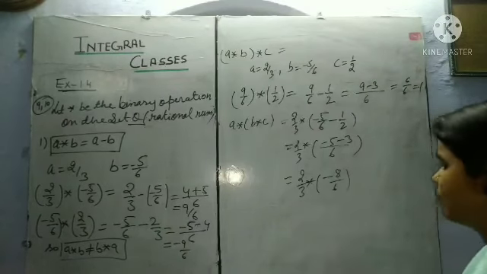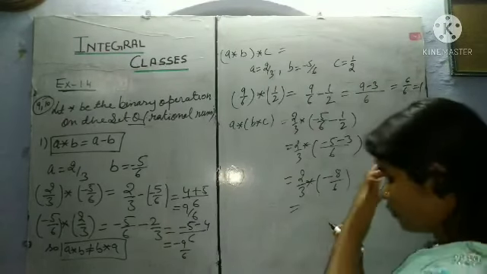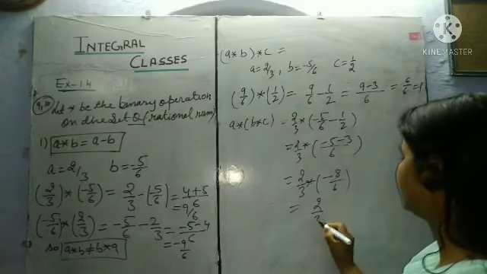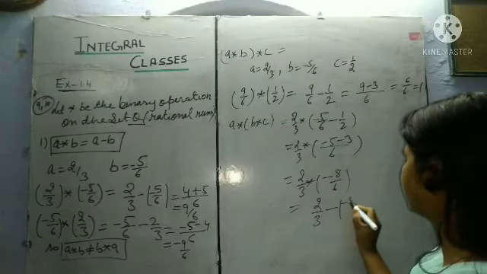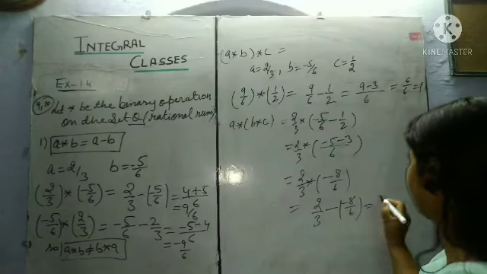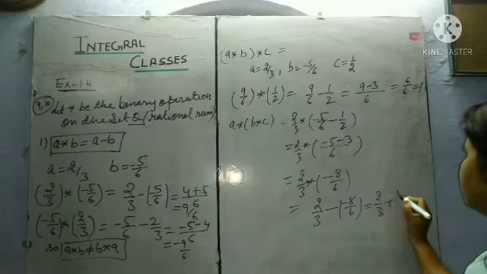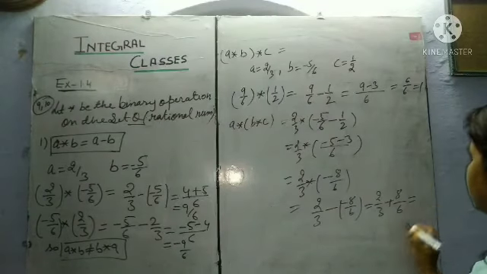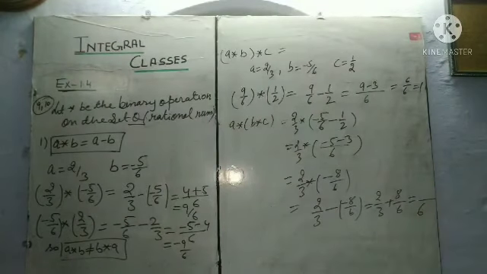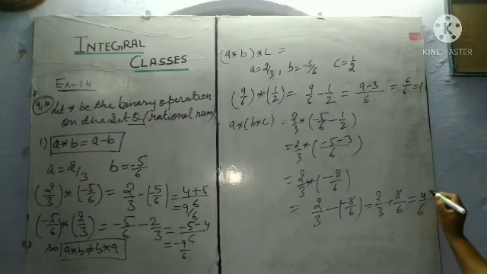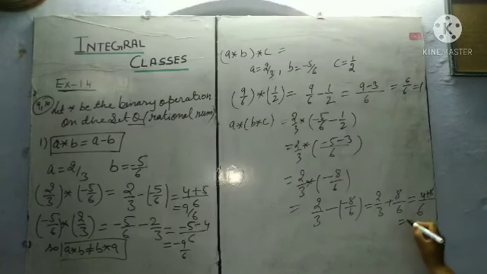Now again we will apply it. We get 2 by 3 minus minus 8 by 6, so it becomes 2 by 3 plus 8 by 6. Taking 6 as the LCM, 4 plus 8, which means 12 by 6, which means 2.